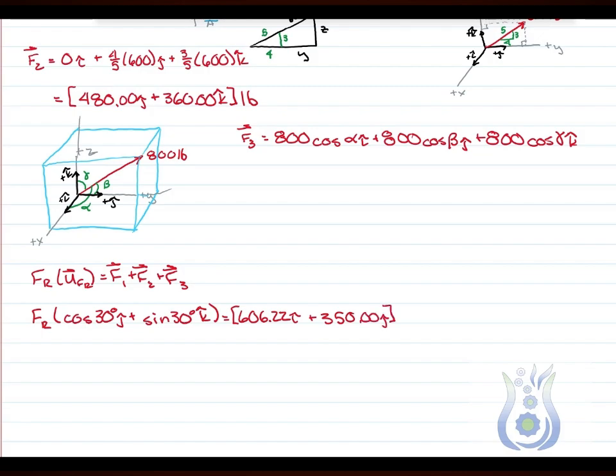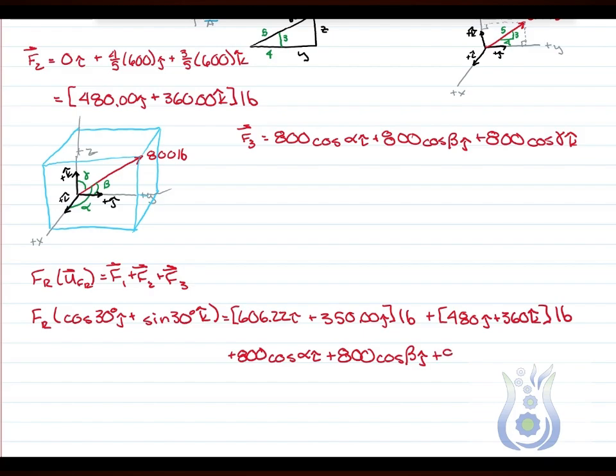Then we solved for our vector F1 in Cartesian notation. That is 606.22 i caret plus 350 j caret pounds. Now we add our second vector, which is 480 j caret plus 360 k caret pounds.